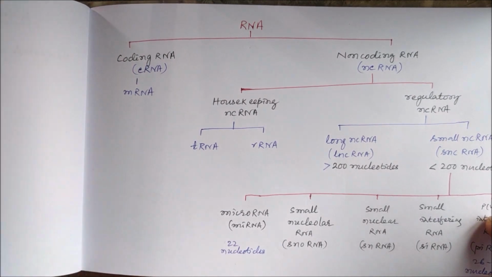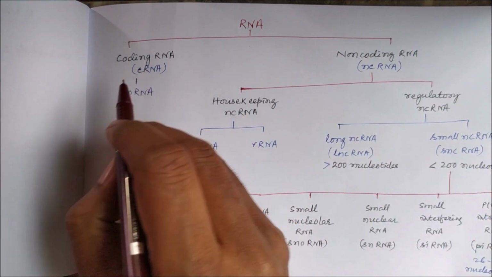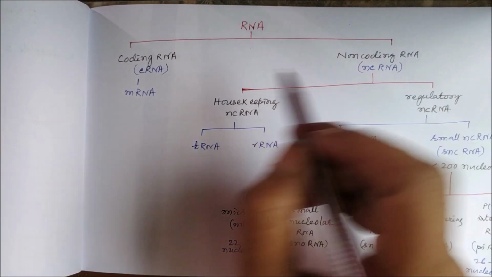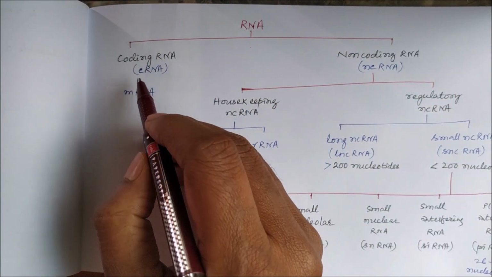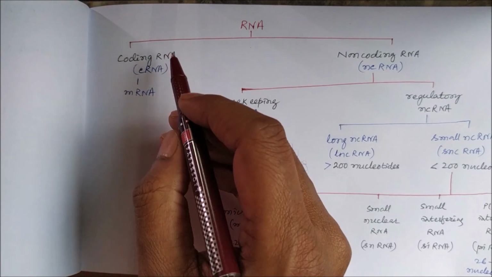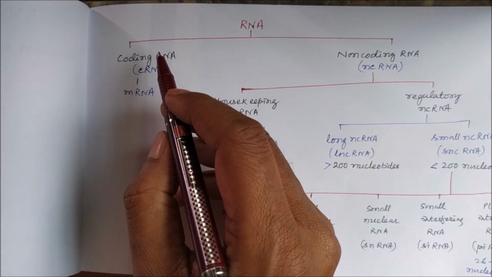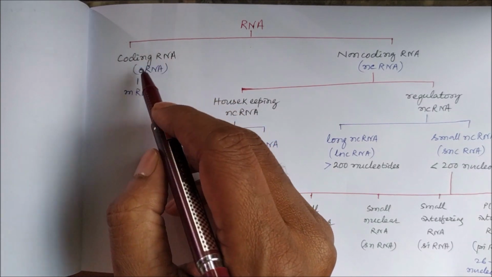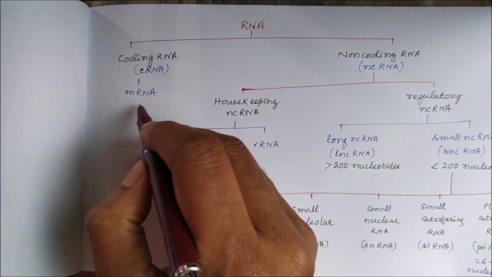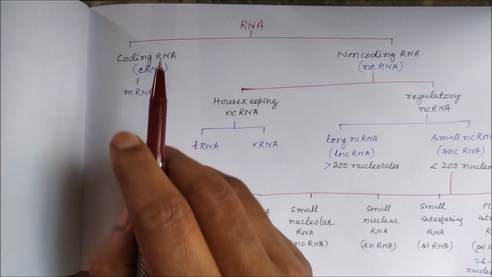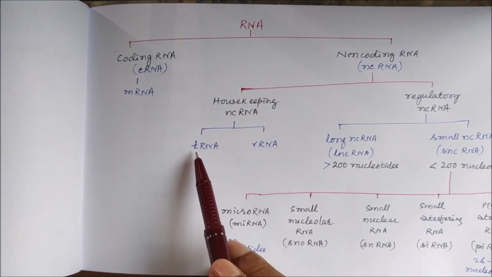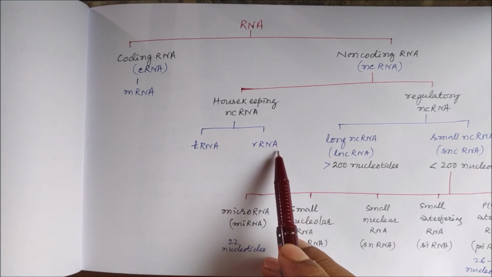So the RNA can be of two types: coding RNA and non-coding RNA. Coding RNA means it has the information in the form of codes which is present with the DNA. So the example is messenger RNA, and most commonly we know these three RNA: messenger RNA, transfer RNA, and ribosomal RNA.